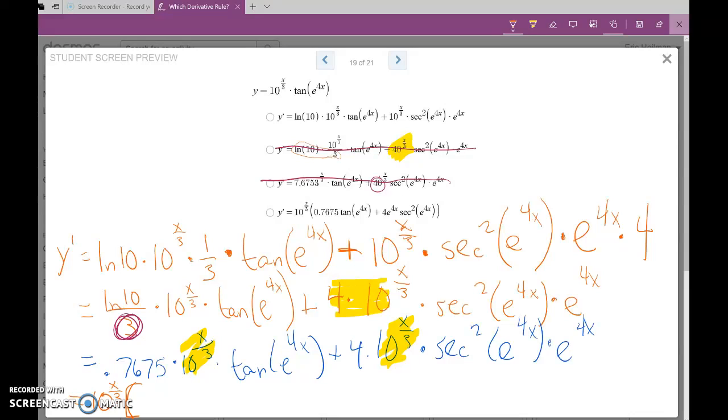And then what's left behind in parentheses is the 0.7675 tan e to the 4x. And then in the second term, I'm going to have 4 e to the 4x times secant squared e to the 4x. And that is answer choice D. So that's how we get D.